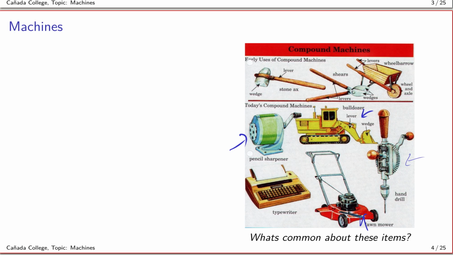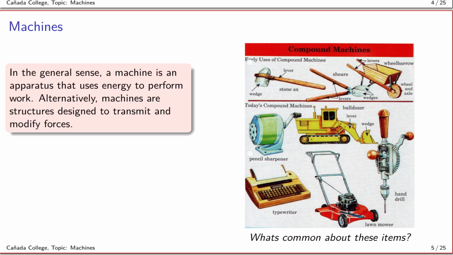So all of these things have in common that they are making life a lot easier. And so that brings us to what we can define a machine to be. So in a general sense, a machine is an apparatus that uses energy to perform work. Alternatively, you can also think of a machine as a structure that is going to transmit or modify forces that you apply to it in order to do something useful.